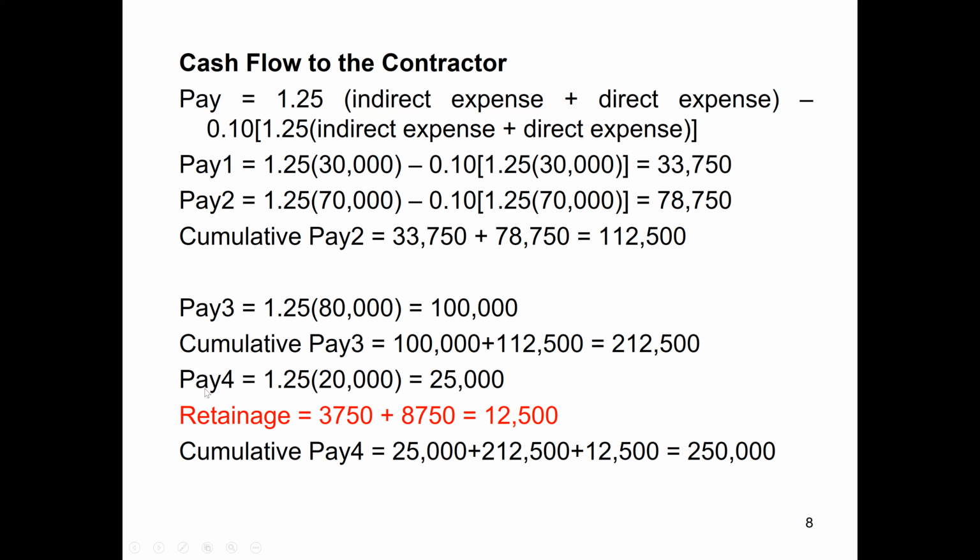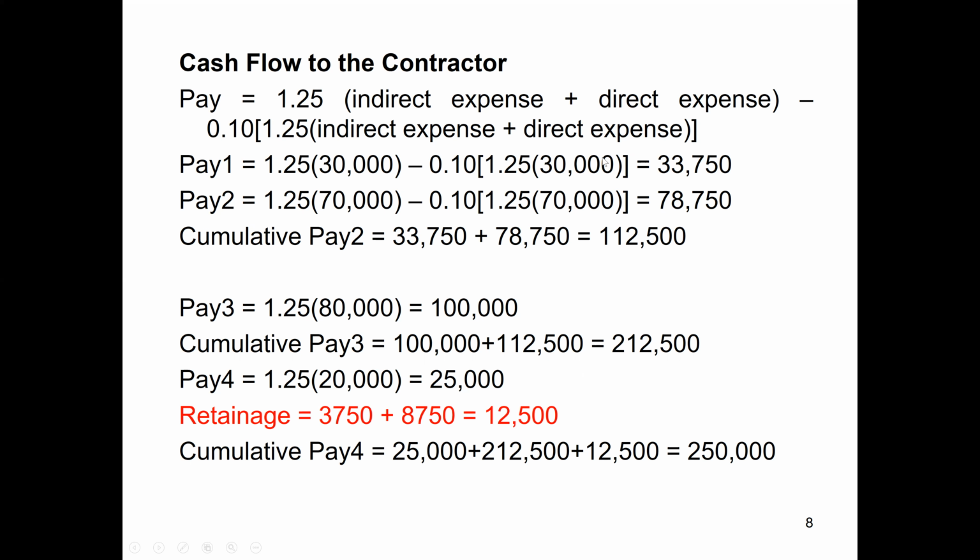Fourth payment is just the 20,000 that we got from activity D: 15,000, half of activity D, plus 5,000 overhead cost, so it's 20,000. We increase this payment by 25% to include the profit of the contractor, so it becomes 25,000. Now, how much was retained?